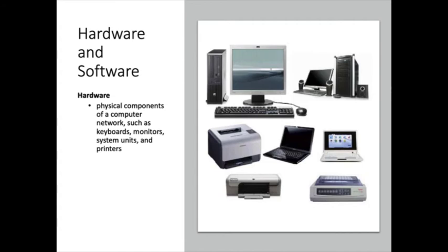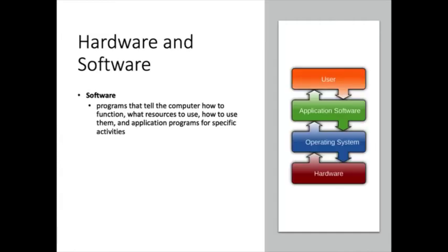But hardware in and of itself isn't enough. We also need software. Software, as you see here, is defined as the programs that tell the computer how to function, what resources to use, how to use them, and application programs for specific activities. So you sort of see from the diagram on the far right the way that this all works.